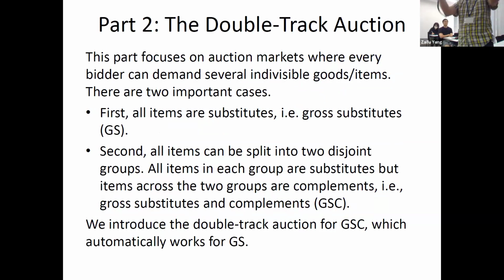Okay, in the second part, I will talk about the double-track auction, because this auction will automatically work for the GS, or substitutes, market.